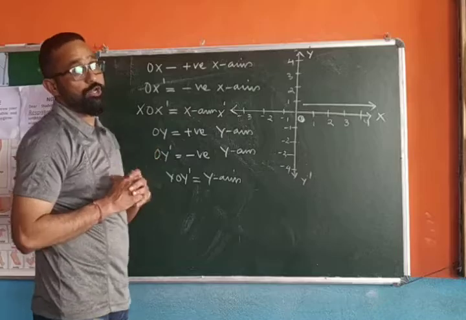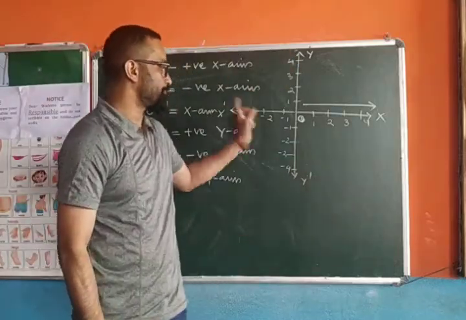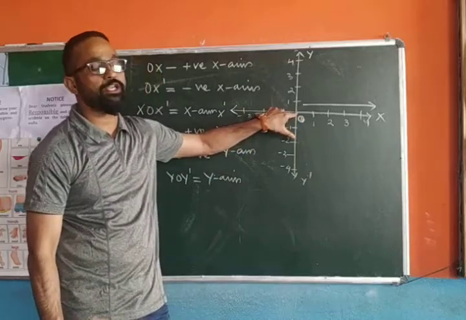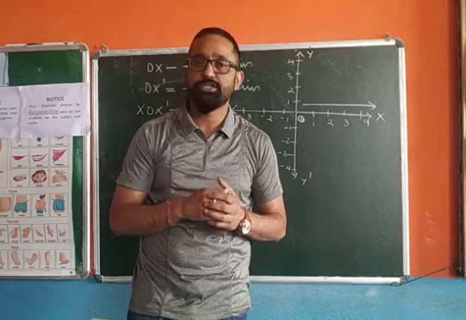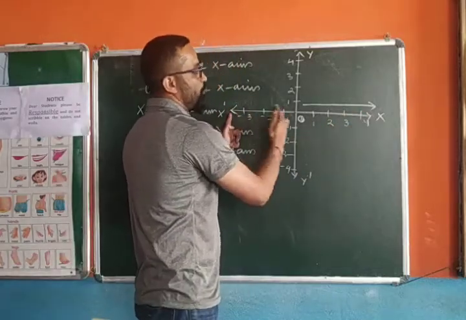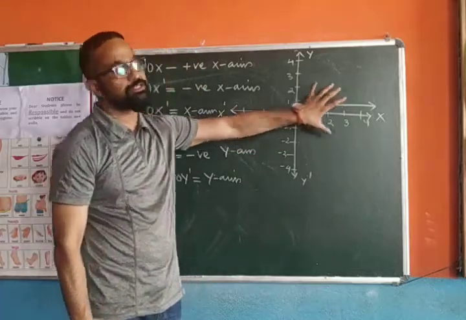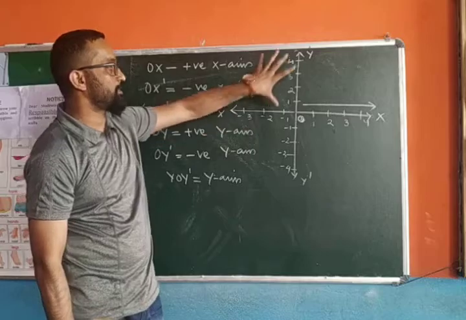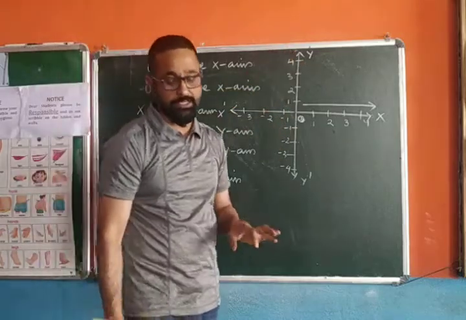So please remember, this intersection of number lines at the 0 mark is called the coordinate system or Cartesian system. It consists of the x-axis, positive x-axis, negative x-axis, positive y-axis and negative y-axis.